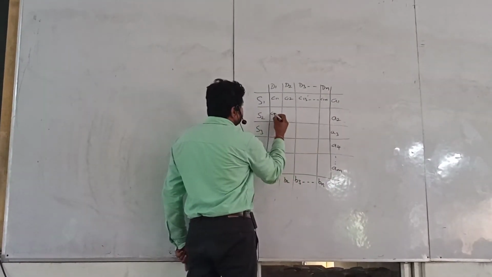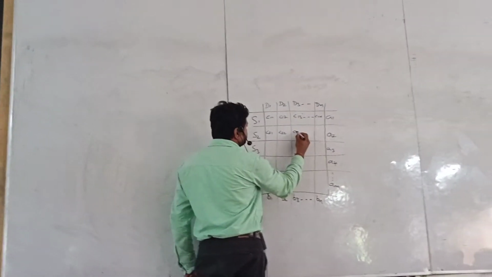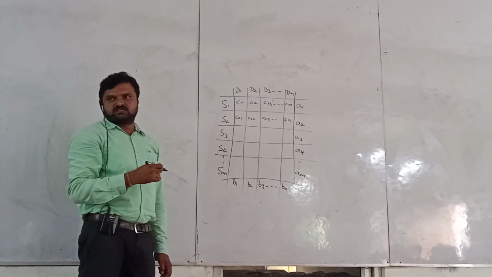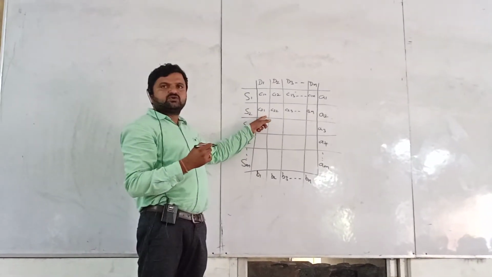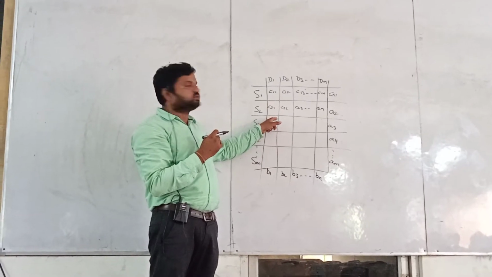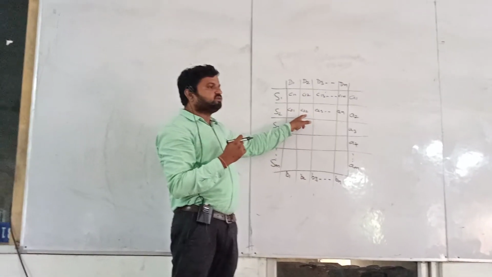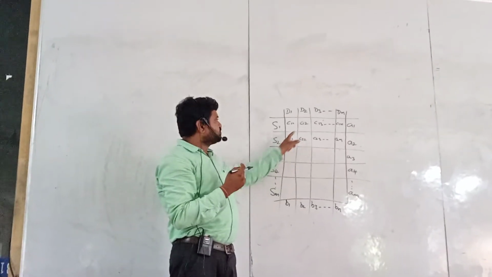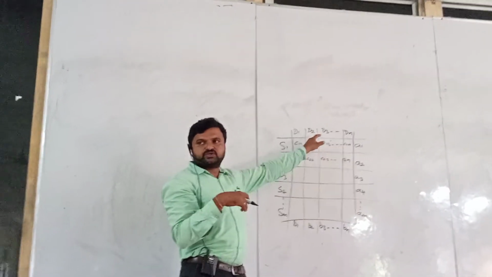Similarly, C21, C22, C23, and so on. These are all transportation costs. C21 denotes the transportation cost to transport the goods from service center S2 to D1. C22 is the transportation cost from service center S2 to demand center D2.